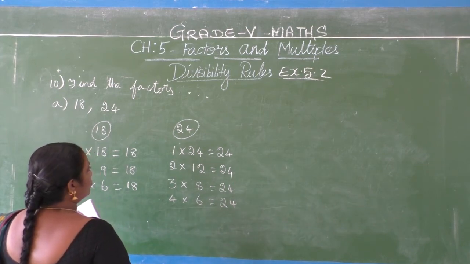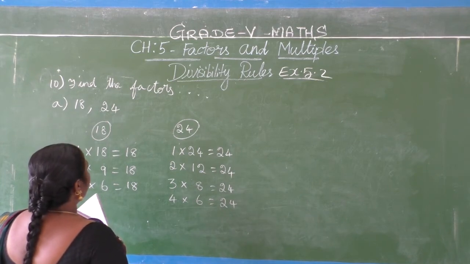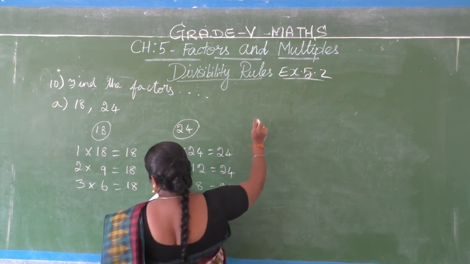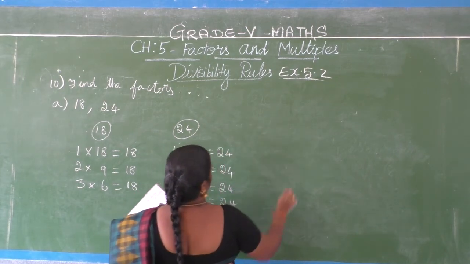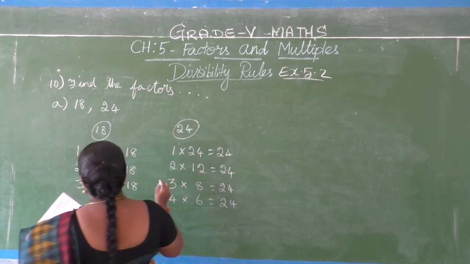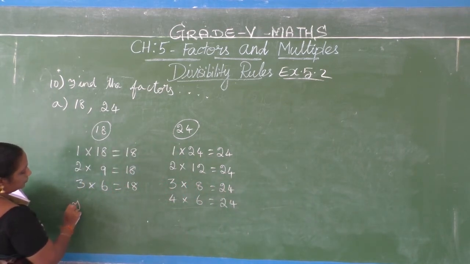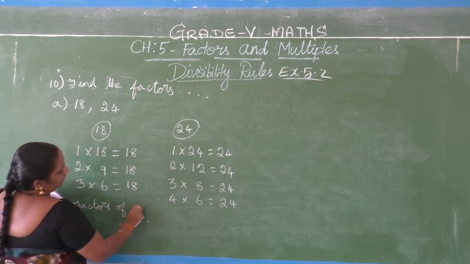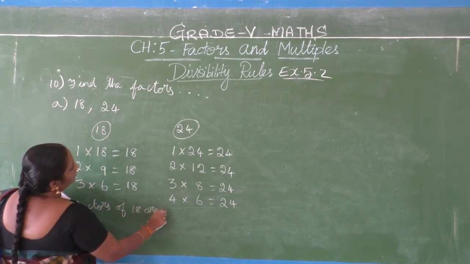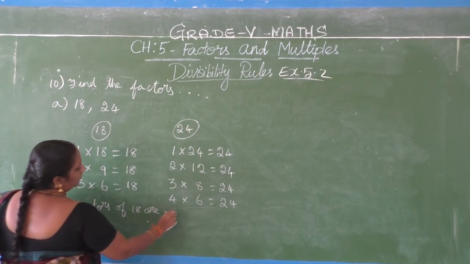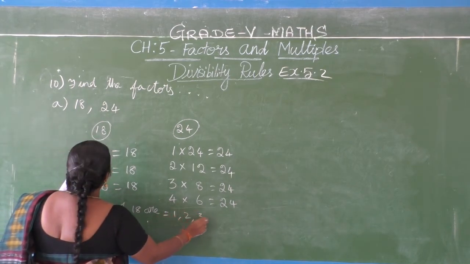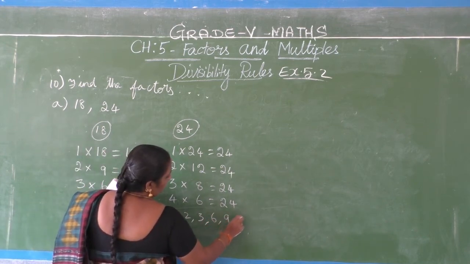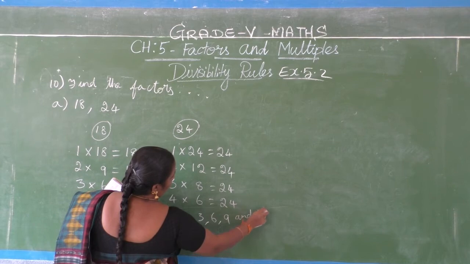Now what we have to do: write all the factors of these numbers. Listen. Factors of 18 are 1, 2, 3, 6, 9 and 18.